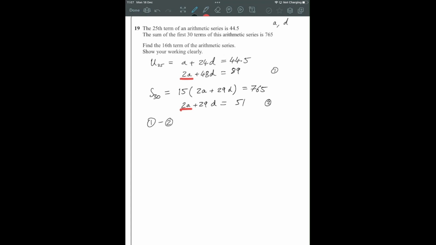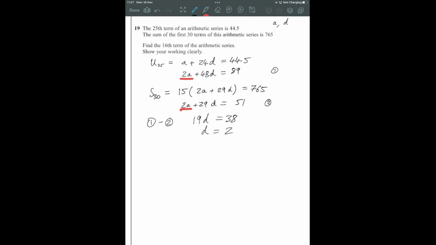I've chosen to do 1 subtract 2 just to make the signs stay positive, which cancels the a's, leaves behind 19d, and 89 subtract 51 gives me 38. Dividing through by 19, again a good pat on the back, that's a positive integer. Probably means I've done some good work here.